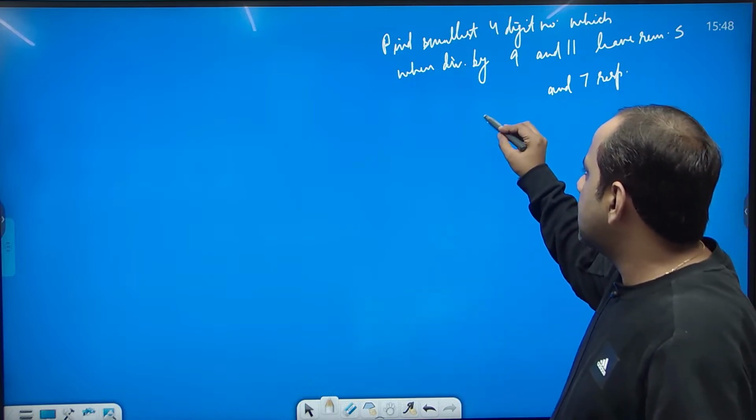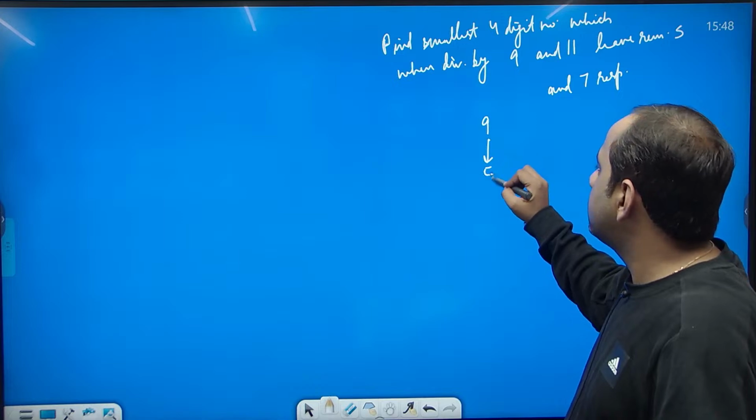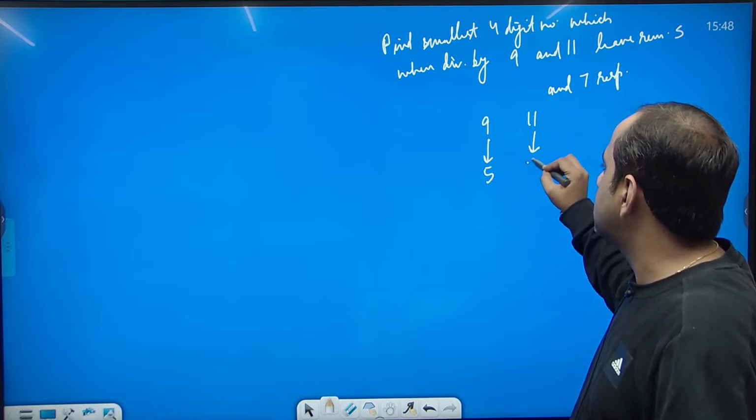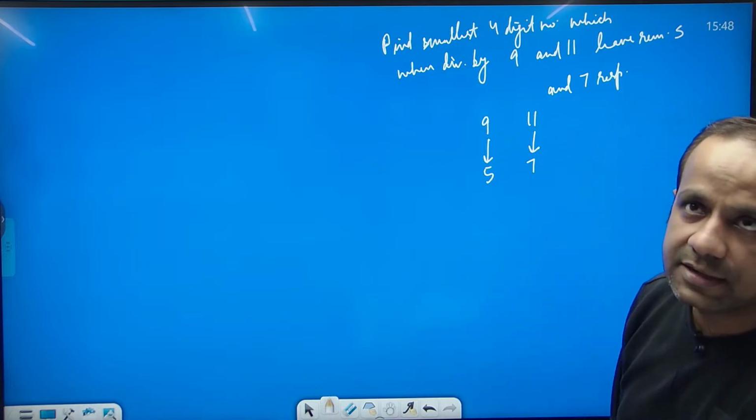So when divided by 9 it is leaving remainder 5 and when divided by 11 leaving remainder 7. You have to find that number.